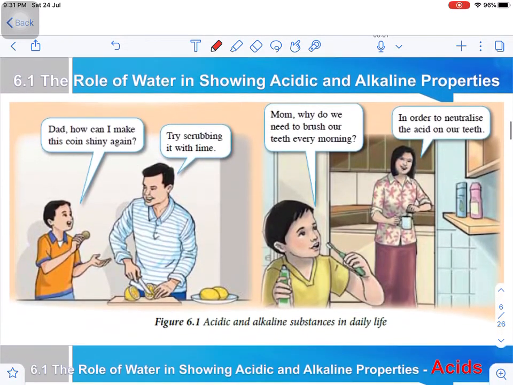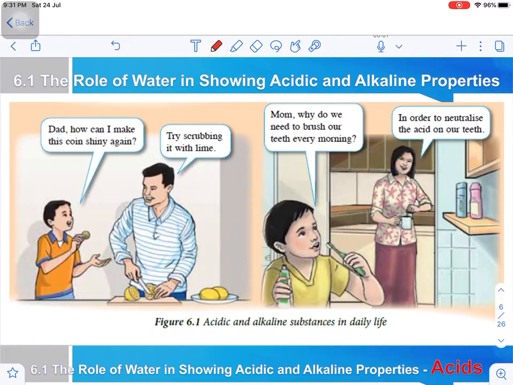So look at this situation. A son asks his dad, how can I make this coin shiny again? So the father suggests try scrubbing with lime. What is in lime? Normally we know lime is fruits that sour taste, so normally contains acid.